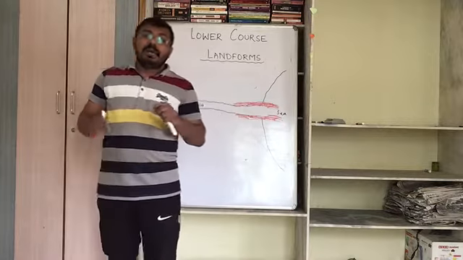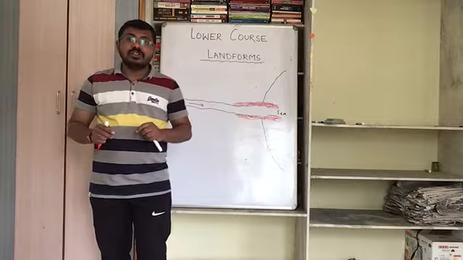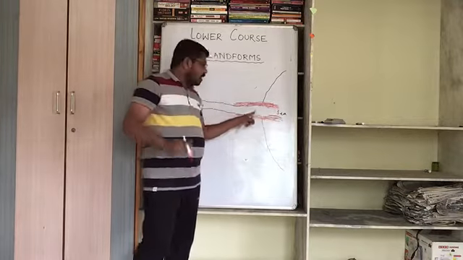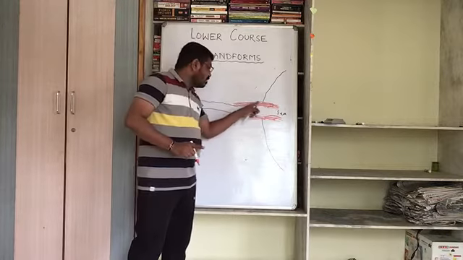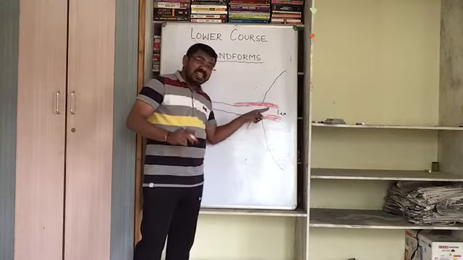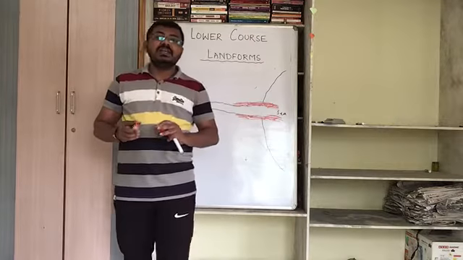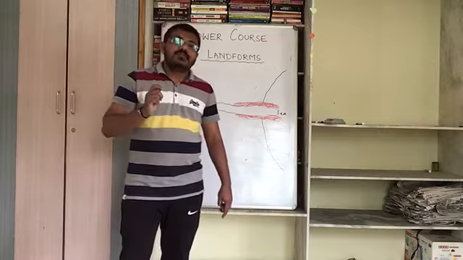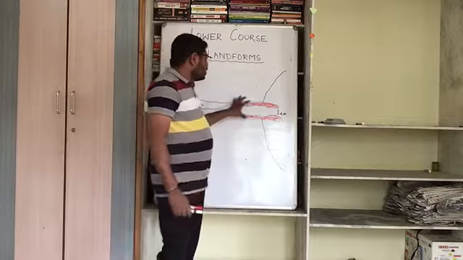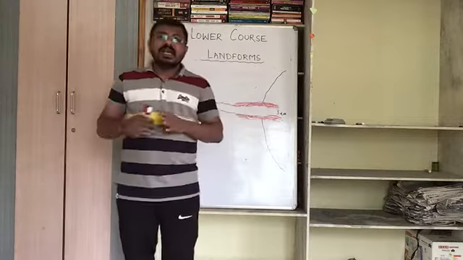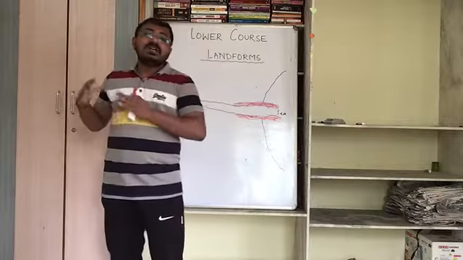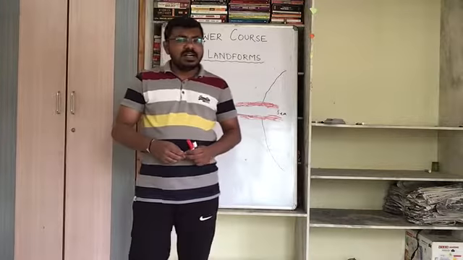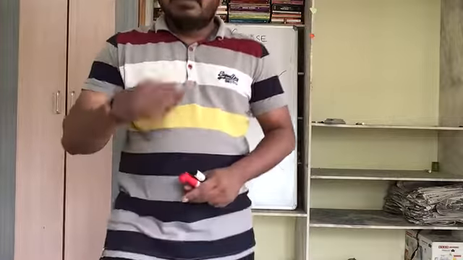One is the marshy land or salt marsh, because the salty sea water and the fresh water of the river are mixing up over here. So basically the main feature of the estuary is the mix up of salt water and fresh water. In estuaries a lot of deposition takes place and it seems that the river is actually entering into the sea. Okay. Now what about delta? That we are going to learn in our next video.